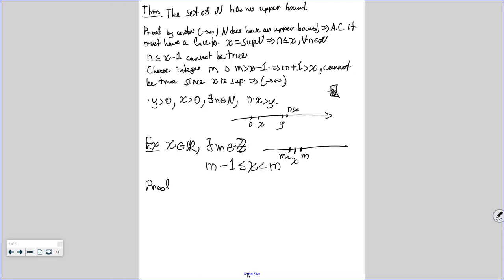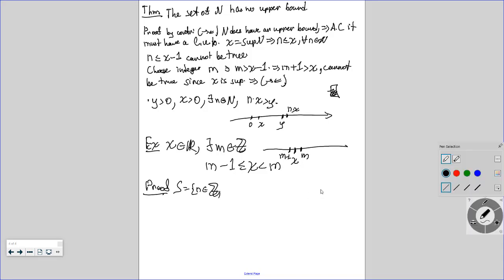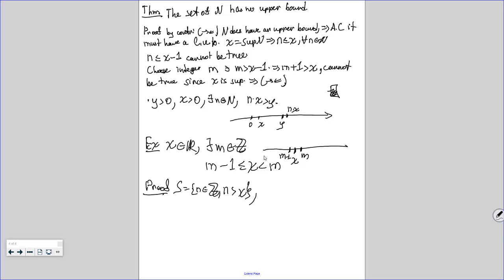To prove this, let's first define some set S which has as its elements all integers n such that n is greater than x. From the Archimedean property, we know that this set is not empty, and it has a lower bound.